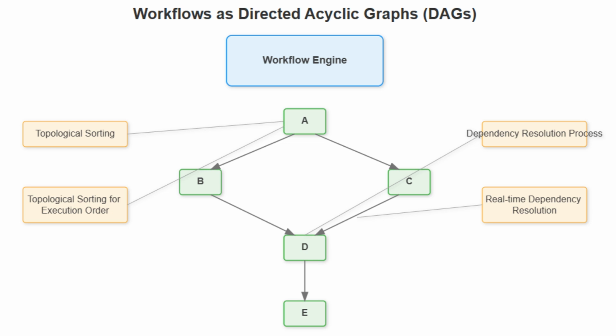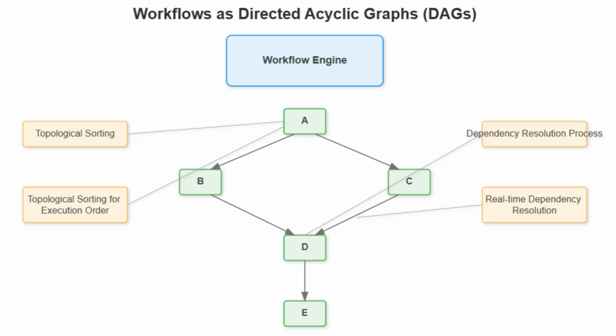As soon as a payment task finishes, for example, it signals to the inventory reservation task that its turn has come. This dynamic approach allows for efficient, parallel execution wherever possible, maximizing resource utilization. Understanding DAGs is fundamental to building any robust workflow system.